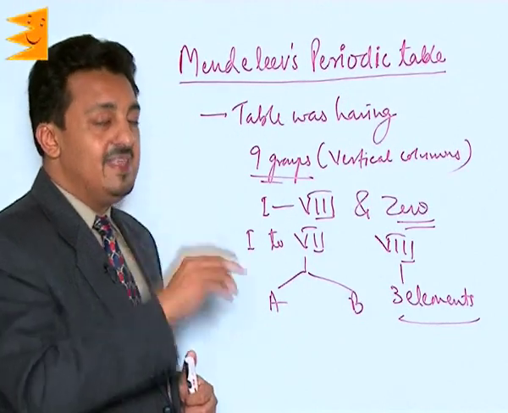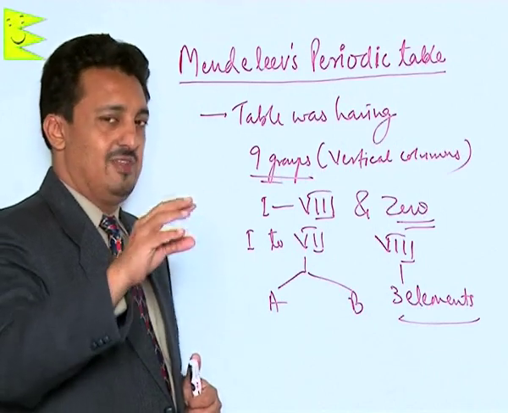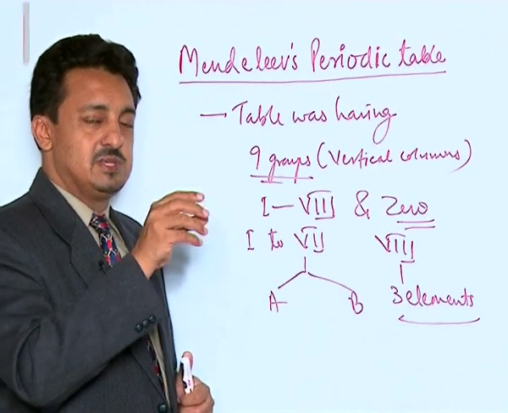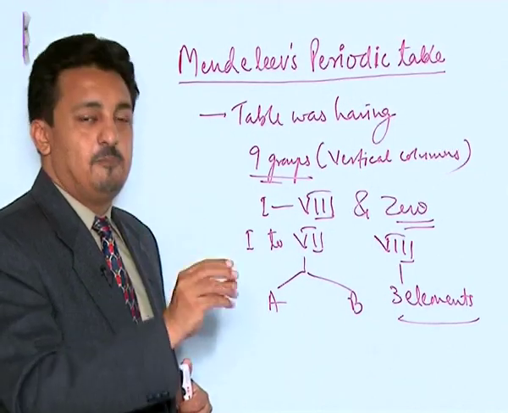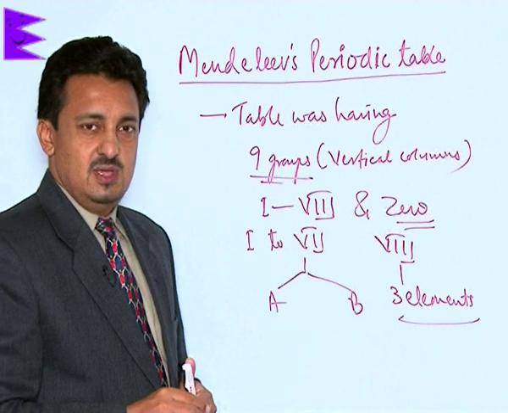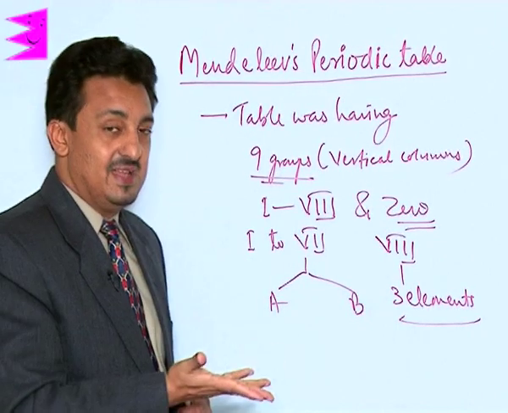Now when he arranged the elements in the increasing order of their atomic masses horizontally and placed elements with similar properties in one column, he had certain gaps left out. Those gaps were for elements which were not discovered by that time.